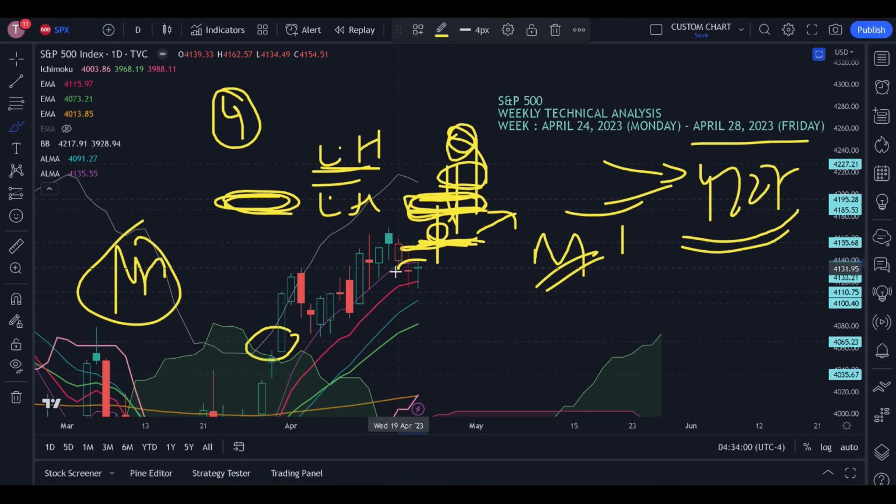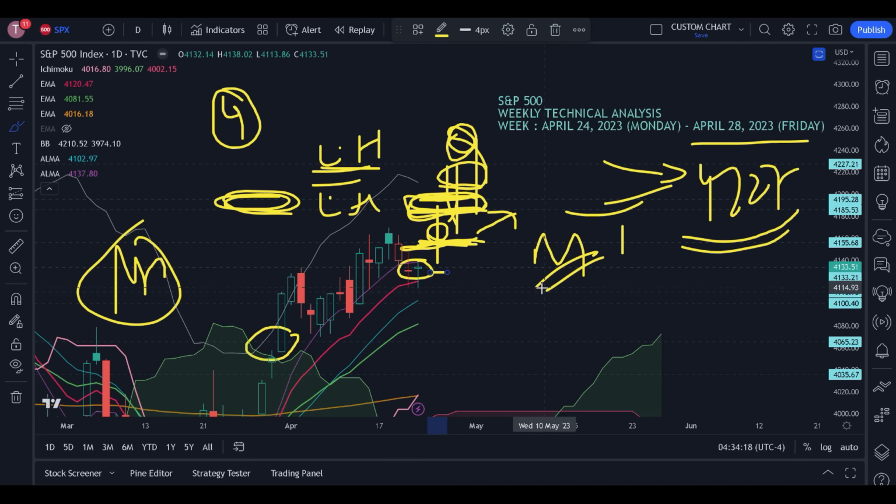Now because we are seeing that the S&P 500 is in a holding position, as of now it is holding, or it is trying to hold. So what does that mean? This means that the S&P 500 is expected to hold at least on Monday, or to give signs that it is holding above.